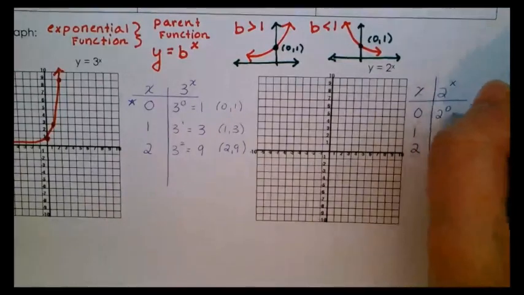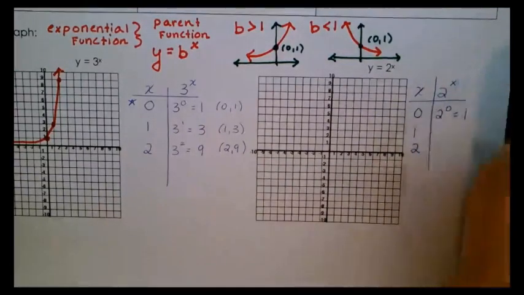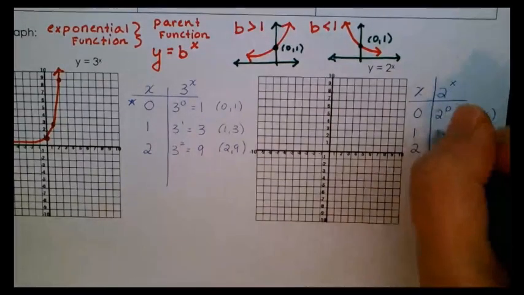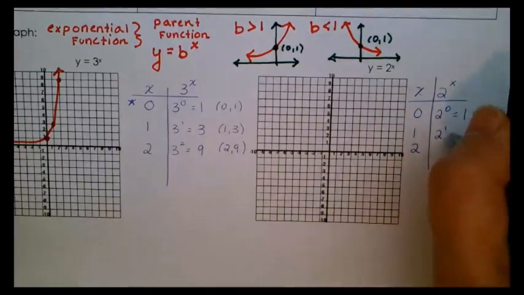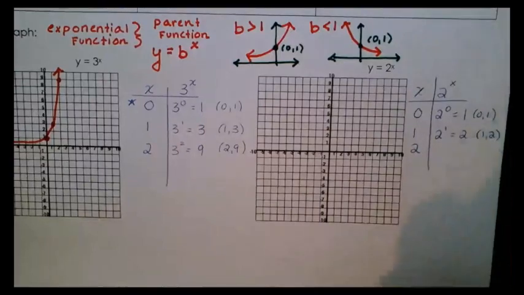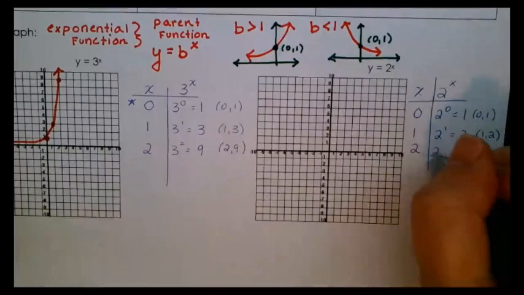2 to the 0 power, always going to be 1. So my first point is at 0, 1. 1, if I plug it in for the x, is 2 to the first power, which is 2. So 1, 2 is my next point. And then the third one, 2.